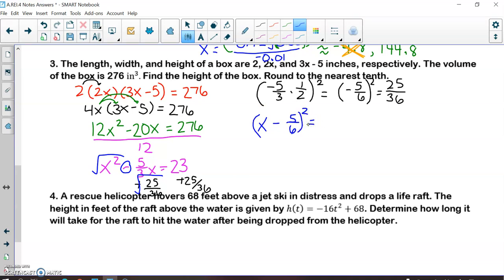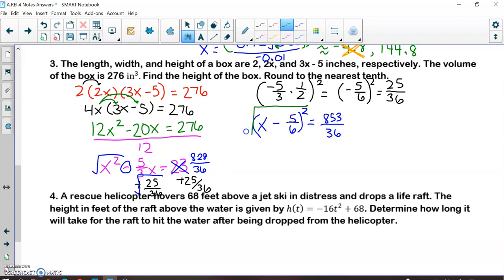Now 23 plus 25/36, I need to write 23 as an improper fraction with a denominator of 36. So 23 times 36 is 828. And 828/36 plus 25/36 is 853/36.